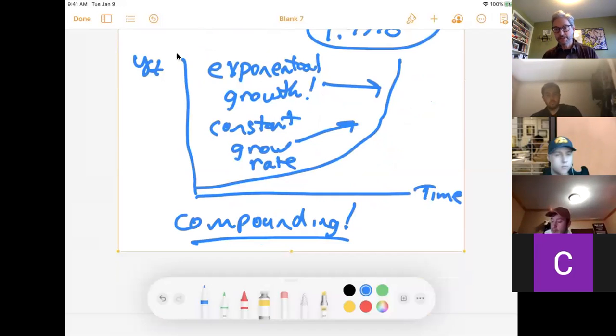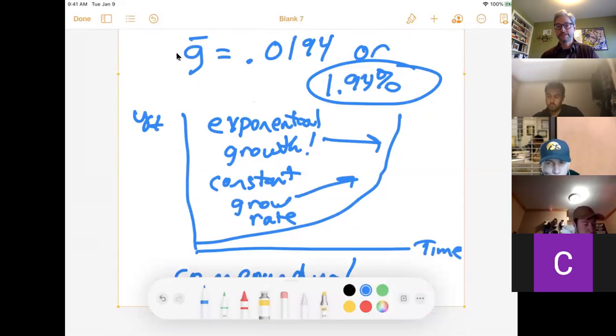If it grows 50% again, it's not just the original 1,000 that grows, it's that new 1,000 that also grows. That's how we get these dramatic increases in levels of output over time, because the growth rate is constant, but the level increases at an increasing rate. It's exploding. That's the nature of compounded growth.